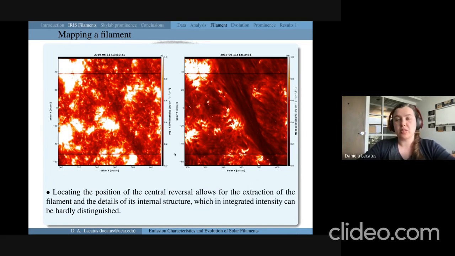But the easiest way to see the filament is to look at the center reversal, its position and its intensity. This is because the center reversal is formed highest in the atmosphere. We see the top of the emitting filament, and besides the bulk structure of the filament, you can also identify different filamentary substructures within it.